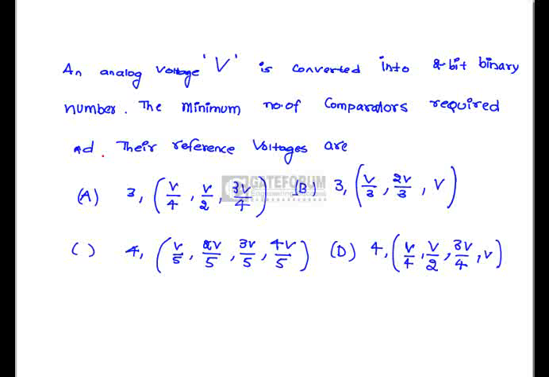See, if we want to convert any analog voltage into a 2-bit binary number, we have to represent the analog voltage with 4 levels, because each level can be represented with a 2-bit binary number.